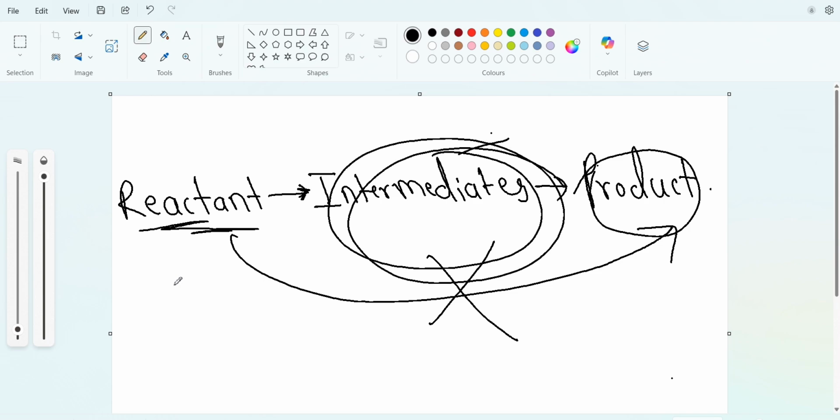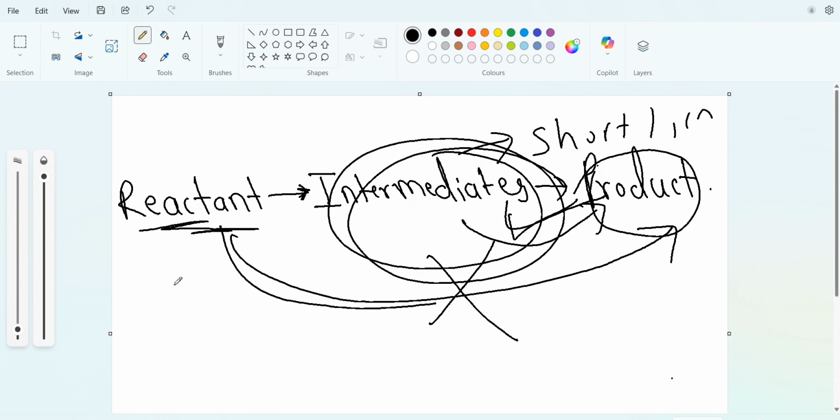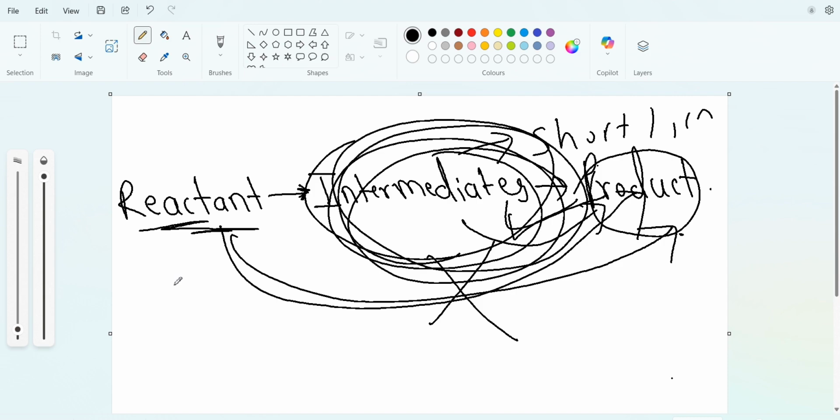This intermediate exists for a very short time and quickly changes into the final product. Understand what is a reaction intermediate? The reactants don't directly form the product. They form an intermediate, which is called the reaction intermediate.